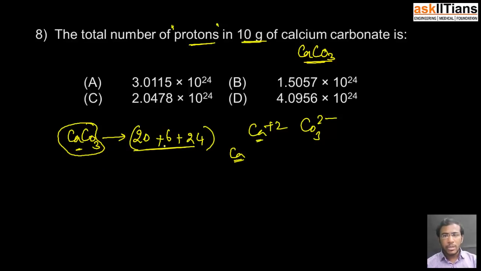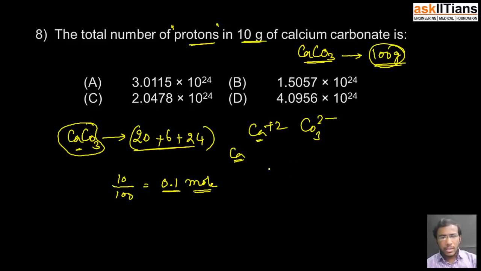10 grams. Okay. So we know that the CaCO3 molecular weight is how much? 100 grams. 100 grams is its formula weight. So 10 grams corresponds to how many moles? It is 10 by 100, right? That is equal to 1 by 10, 0.1 mole.